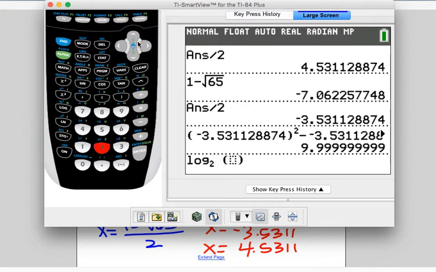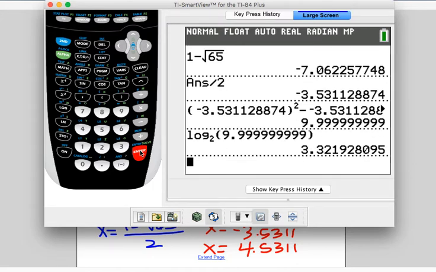Arrow over. Go up. Hit enter. Hit enter again. Well, something happened. Did I type in the right problem? We want it to equal 3.